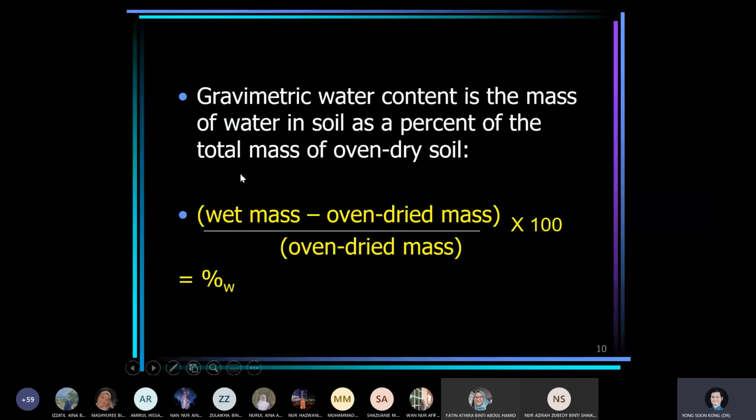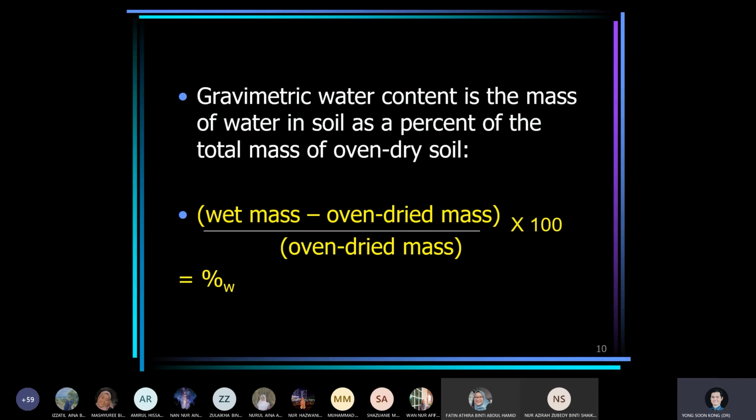From the formula shown to you right now, this is called dry weight basis. So this is the water content by dry weight basis. Because you look at how they calculate the ratio: they are determining the water content against the dry mass.